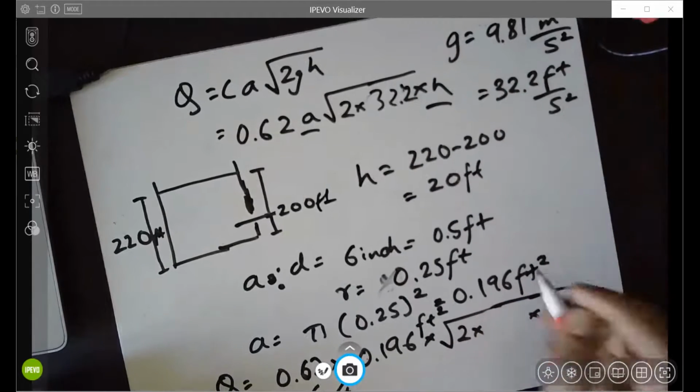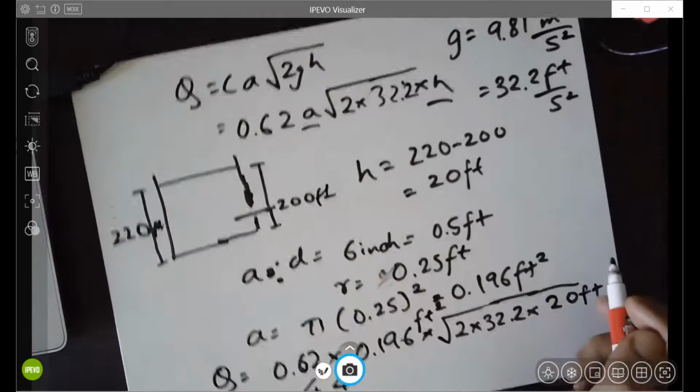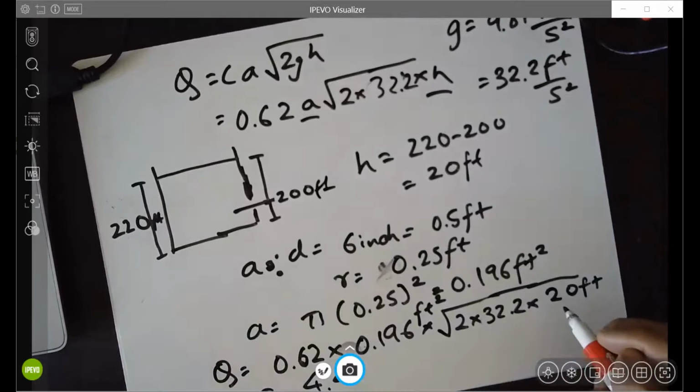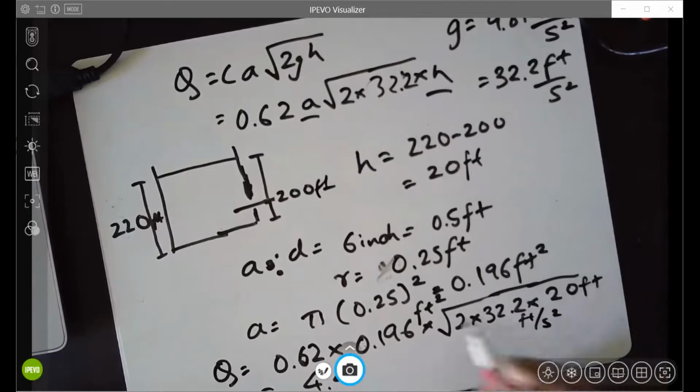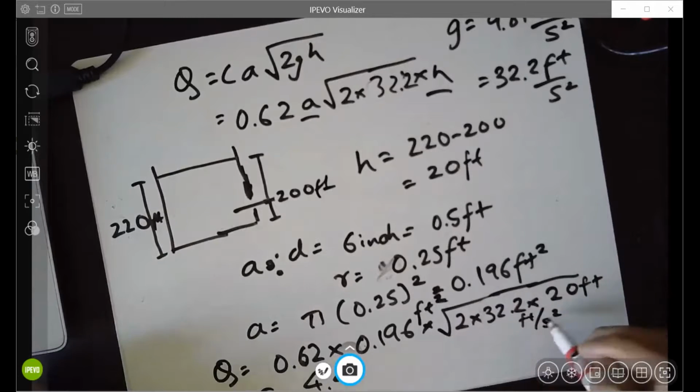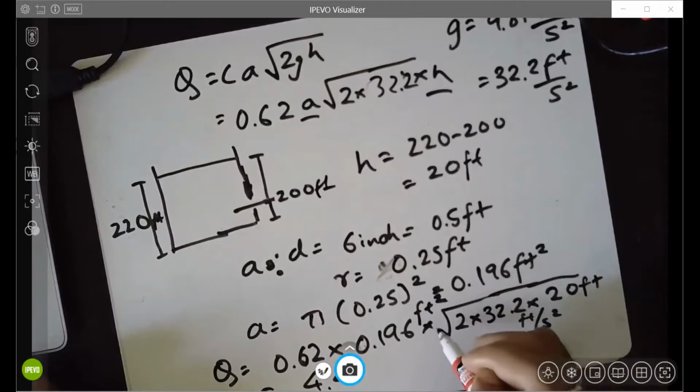So units are very important. If you're planning to take the FE exam or something later, always make sure your units are correct. This class is very easy, but later in engineering you'll get these equations a lot, so be careful with the units. Feet squared per second squared, when it comes out of the square root, becomes feet per second.